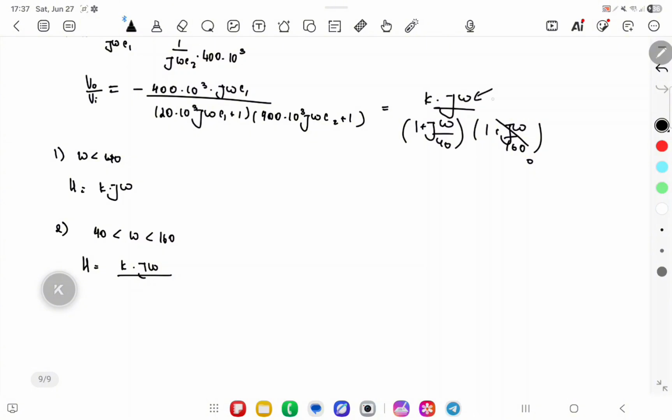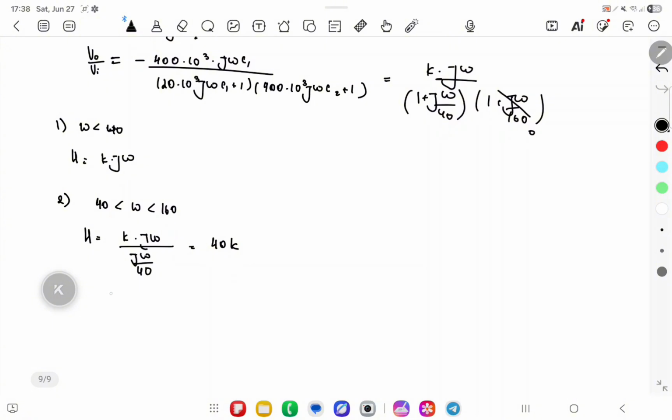Remember that this term is not affected by any kind of simplification because it doesn't have either 40 or 160 in its denominator. So here we have j omega over 40, which leads to 40k.